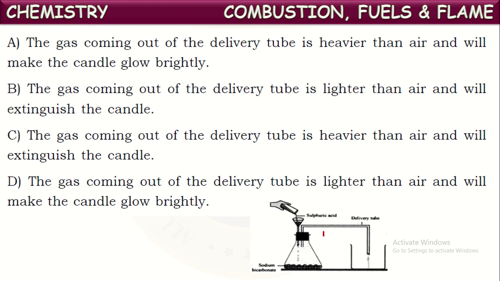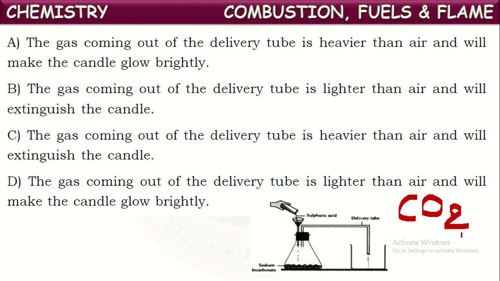What we are saying here is, when sodium bicarbonate reacts with sulfuric acid, it produces carbon dioxide. Carbon dioxide is heavier than normal atmospheric air because the vapor density of carbon dioxide is 22.